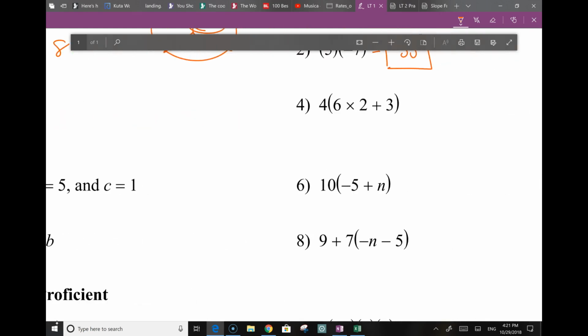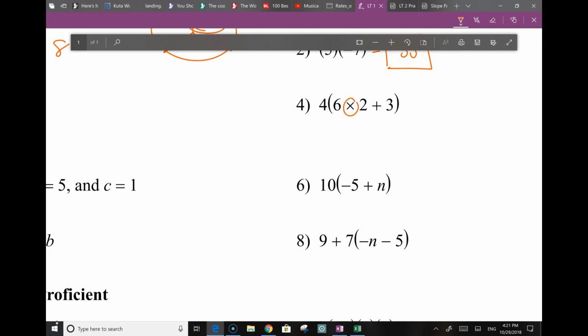Okay, number 4, you do everything inside. This is a question involving the order of operations, or the order in which numbers should be combined according to their operations: add, subtract, multiply, divide. When you have parentheses, that's a group of numbers inside that have to be combined into one single value.